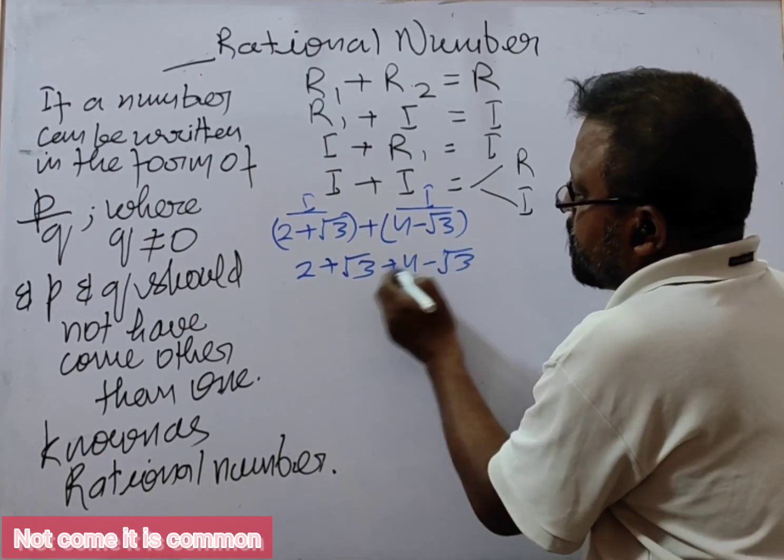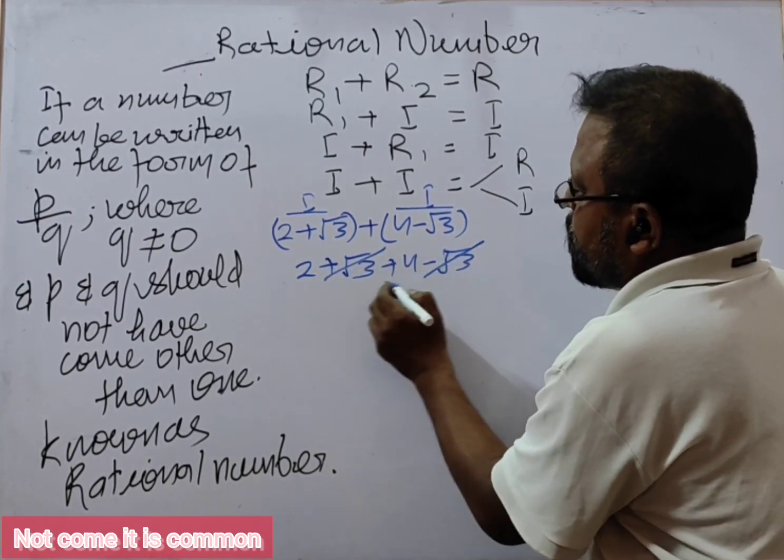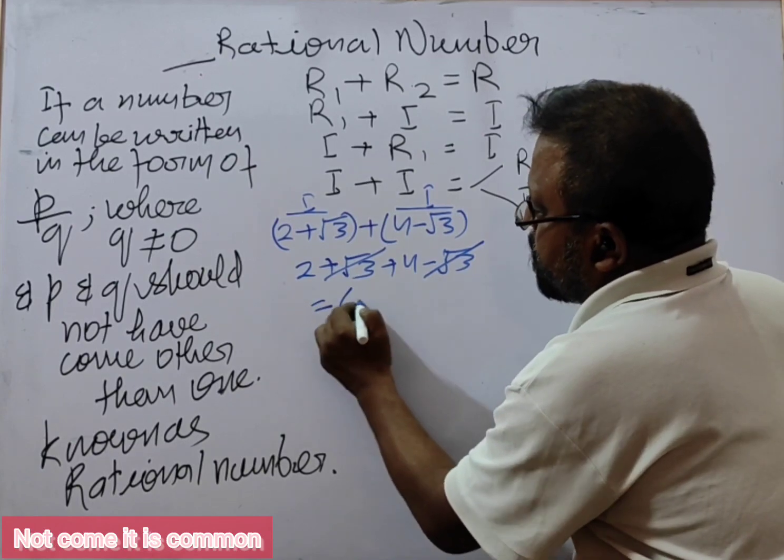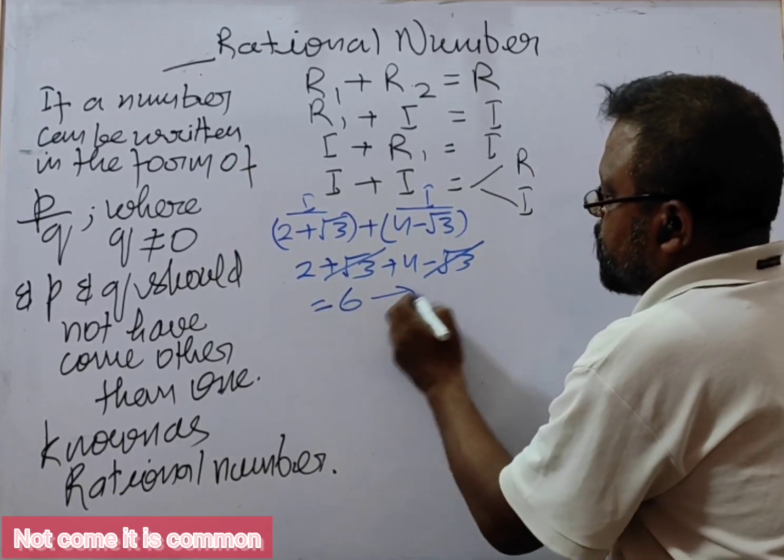The plus and minus root 3 cancel out, and you get 2 plus 4, which is 6. So 6 is rational.